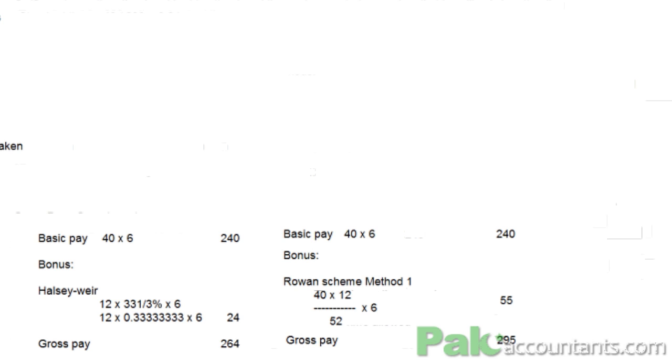Okay, now this is the first method. What about the second method? In the second method, however, it is a percentage of time saved. Now it's left to the entity. It's up to the management to decide what percentage they want to offer to an employee as an incentive.